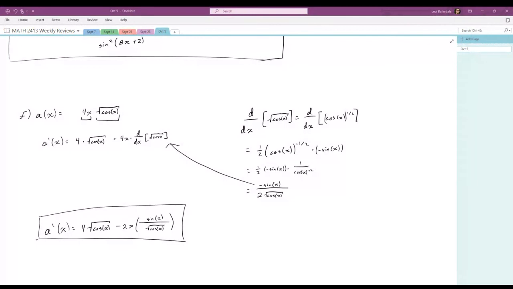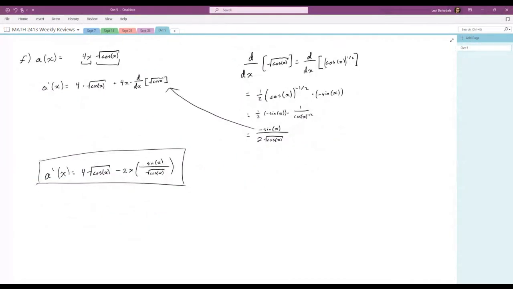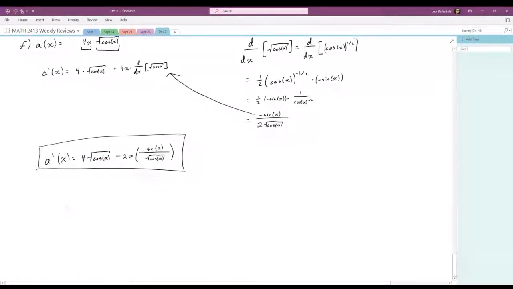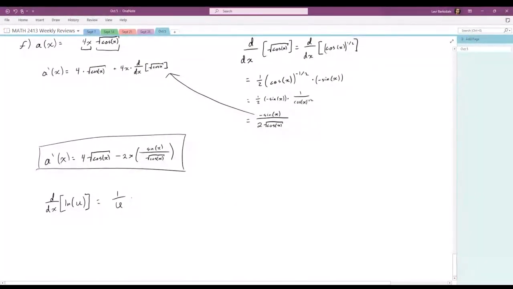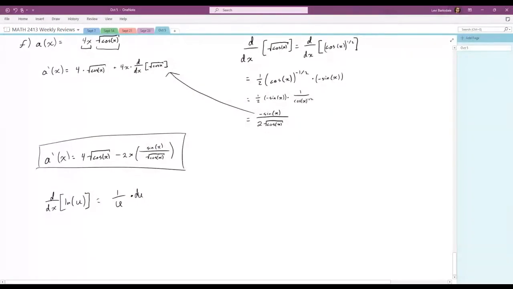But yeah, I said I was going to show you what would happen if we had the natural log around it. Natural logs are fairly easy because their derivative is just 1 over whatever's inside multiplied by the derivative of whatever's inside.